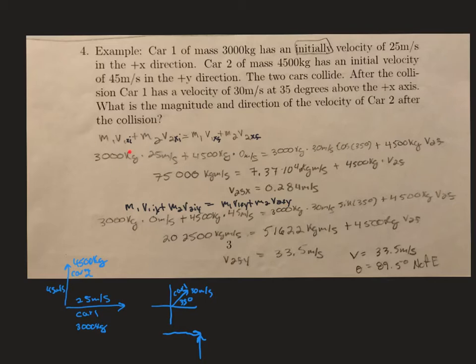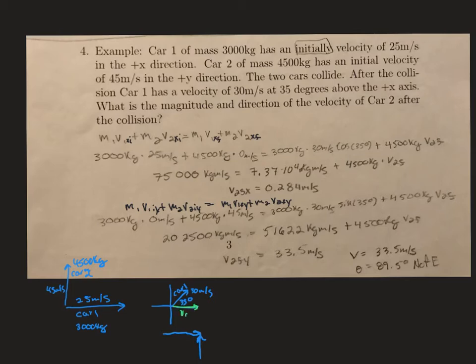So we know the mass of car 1, and we know the initial velocity of car 1 in the x direction is 25 meters per second because it's traveling only in the x direction. And the velocity of car 2 initially in the x is 0 because the car initially is traveling only in the y direction, so none of it's in the x direction. After the collision, we have car 1 of 3,000 kilograms, and we have to split its final velocity into components.